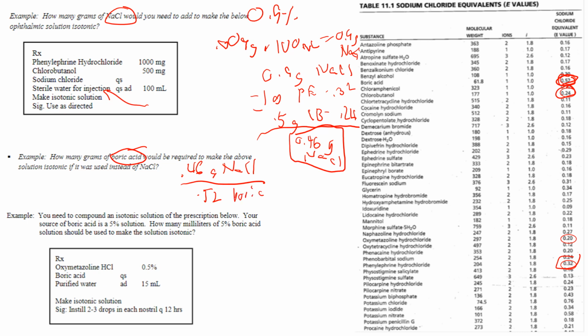And these numbers over here, by the way, are more or less unitless, so you don't really need to worry about doing dimensional analysis with them. When we do that, we get 0.88 grams boric acid.